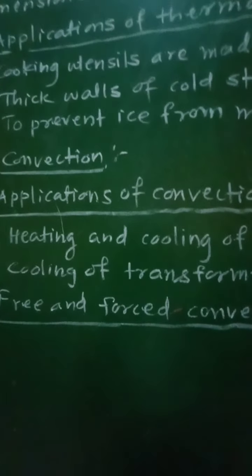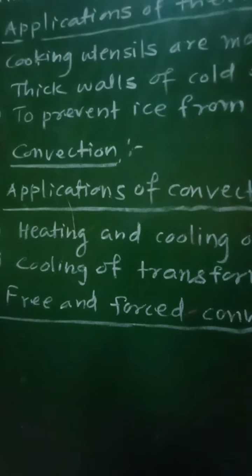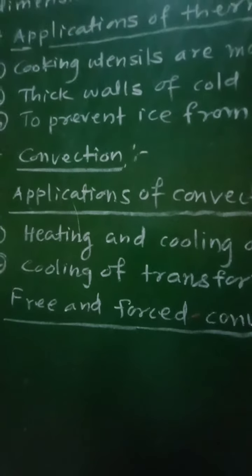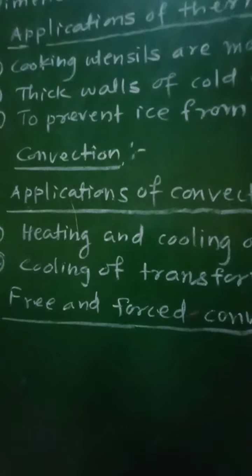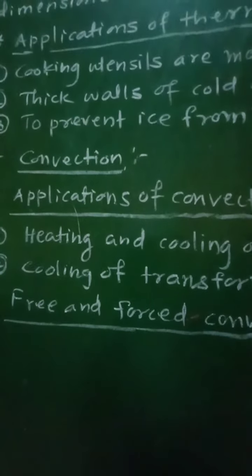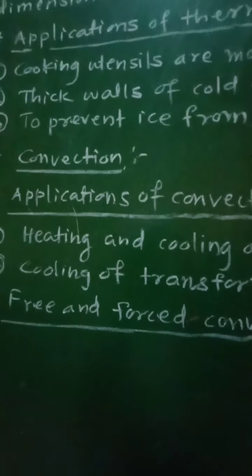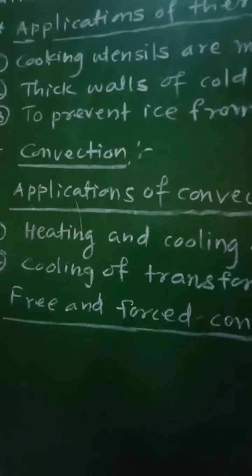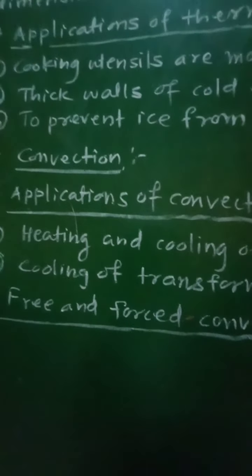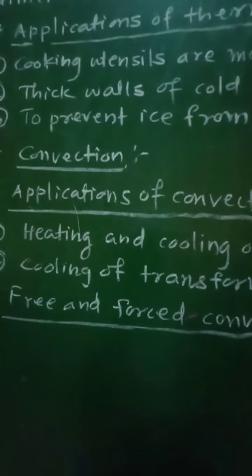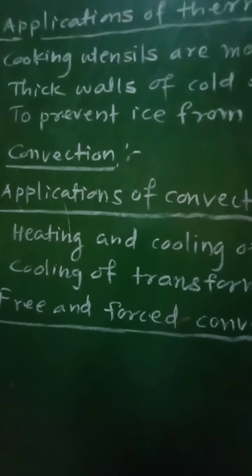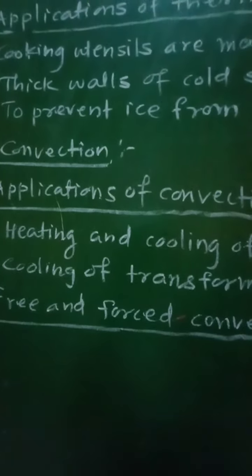That is, in case of convection, there will be actual bodily movement of the particles of that substance. So heat will be carried from one place to another by the particles of that substance, and hence convection will take place. For example, wind blows due to convection.